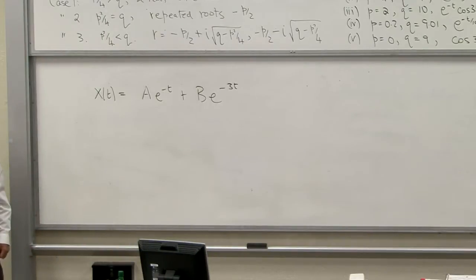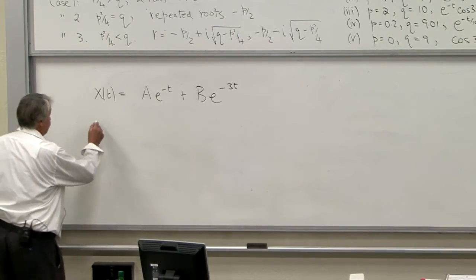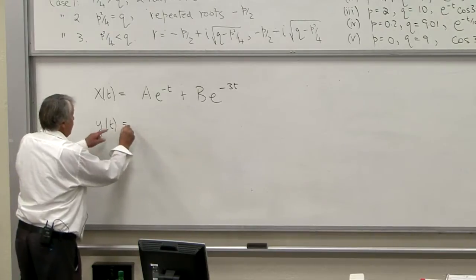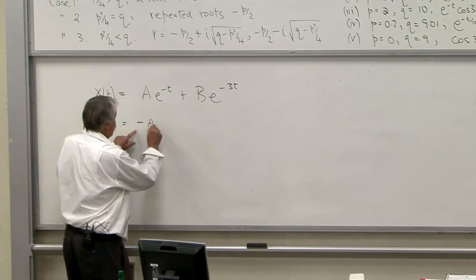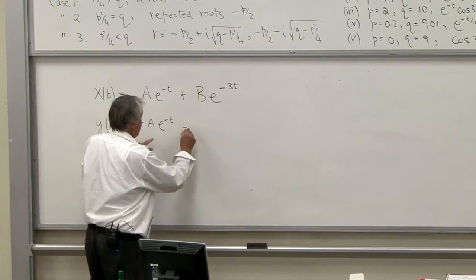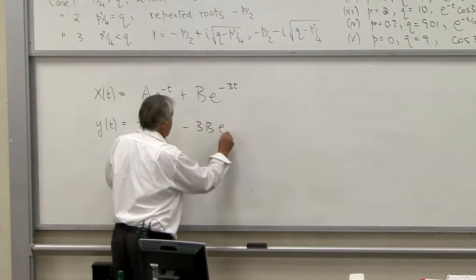What is the y? The y is dx by dt. So y of t is the derivative of that, which is minus a e to the minus t minus 3b e to the minus 3t.